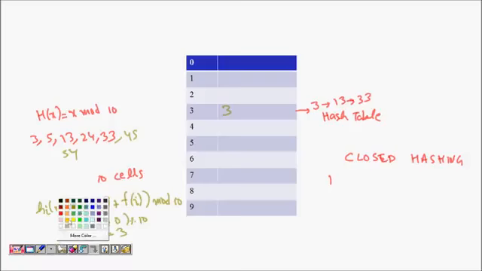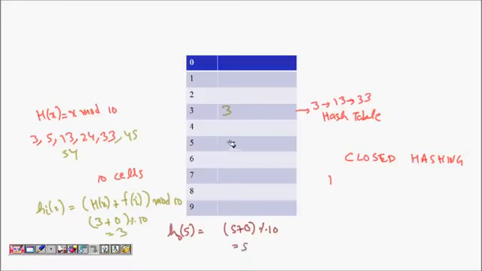For 5, h_0(5) is 5 plus 0 mod 10, so it's 5, and it comes here. Now let's see 13. h_0(13) is 13 modulo 10, which is 3, plus f(0), percentage 10, so it will be 3.